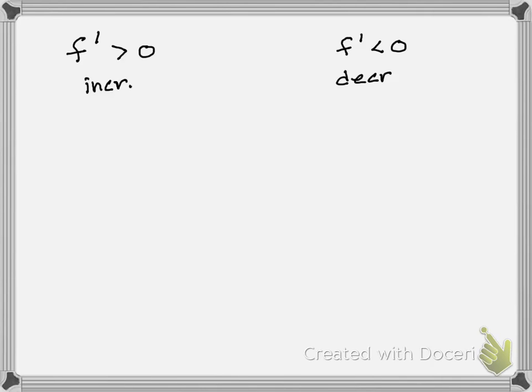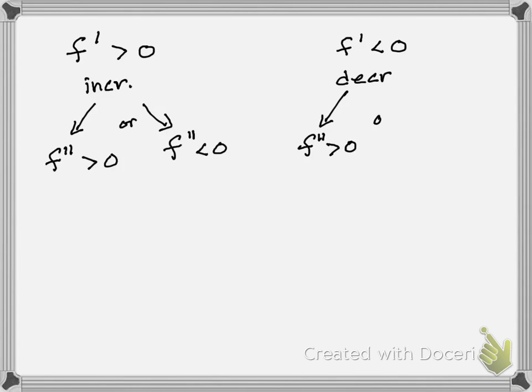For each of these possibilities, we might have f double prime positive or f double prime negative. So we'll examine each of these two possibilities.